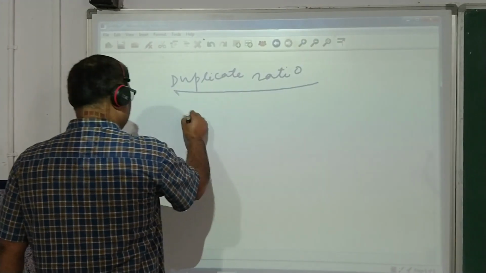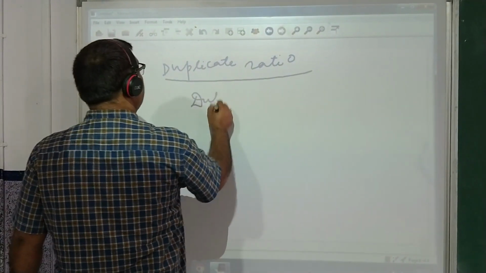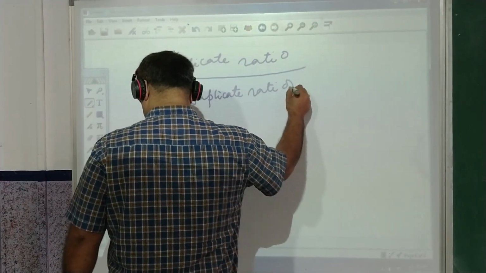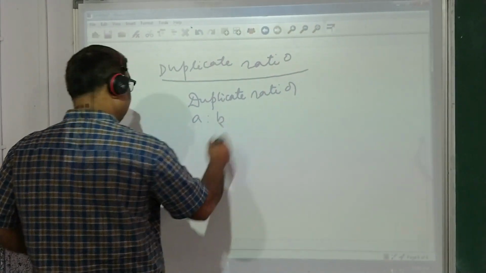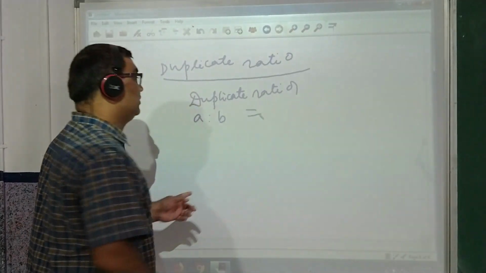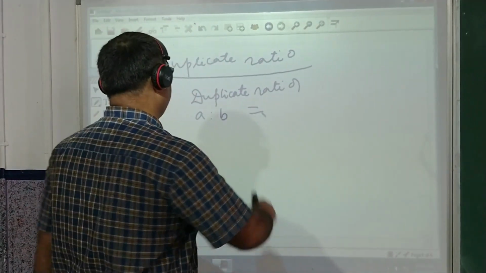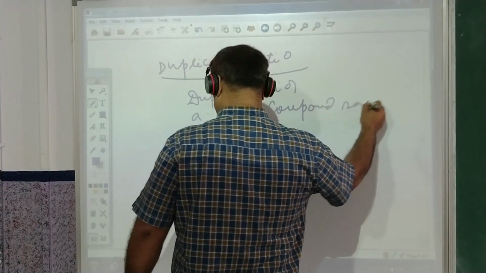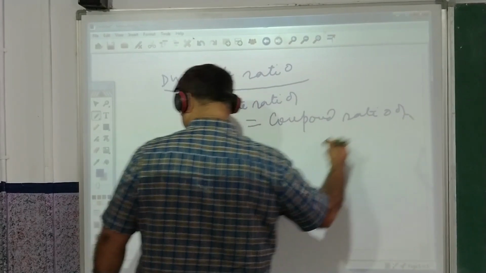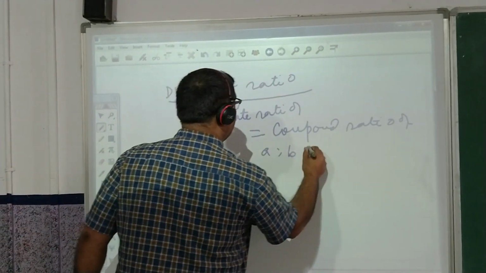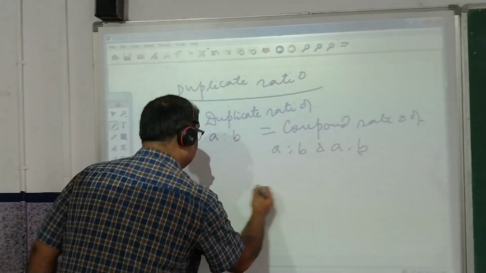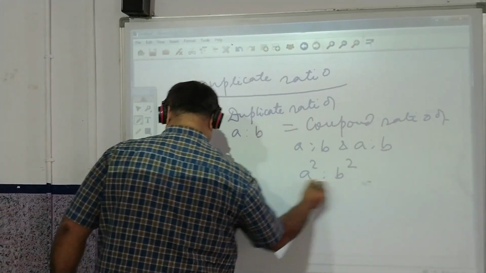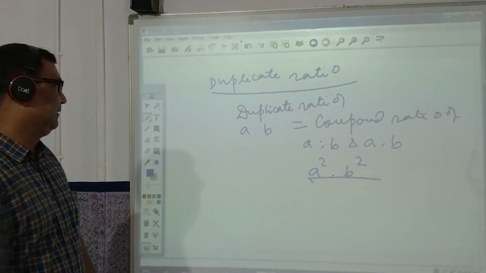The duplicate ratio of A is to B is the compound ratio of A is to B and A is to B, that is A square is to B square.